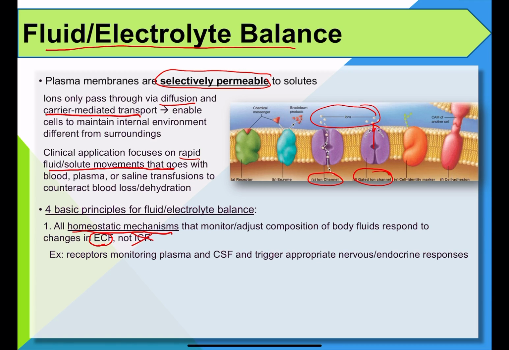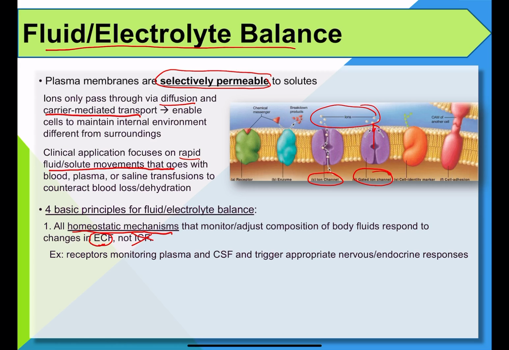Okay, and this makes sense logically speaking, because it is easier to monitor your entire body system's fluid at one time as circulating fluids: interstitial fluid, cerebrospinal fluid, and plasma fluid. Whereas it is hard to monitor every single little cell in your body and make sure that every single cell has enough fluid content, enough salt content.